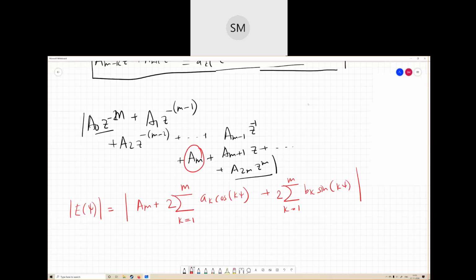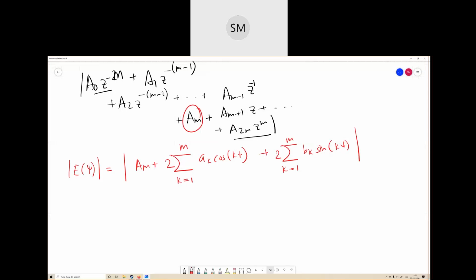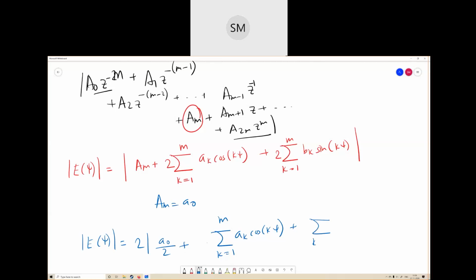Finally, if we assume, last assumption, am equal to a0, then E of psi equals twice a0 by 2, plus summation k equal to 1 to m ak cos k psi, sorry, 2 will be out of the bracket, plus summation k equal to 1 to m bk sin k psi.